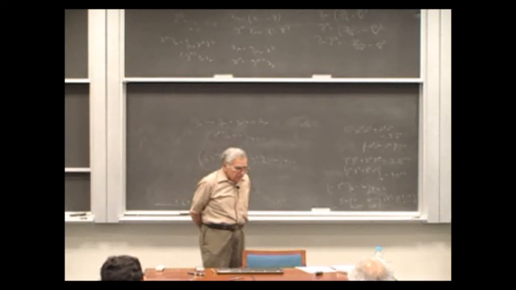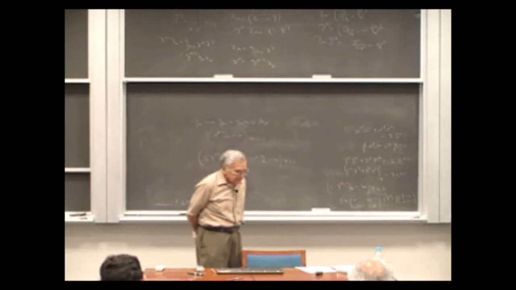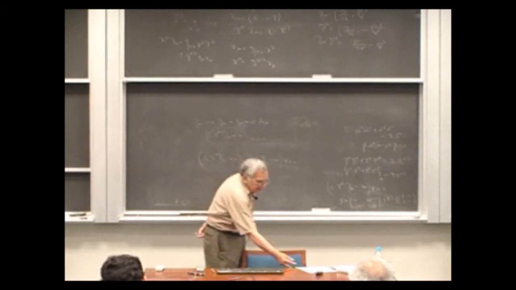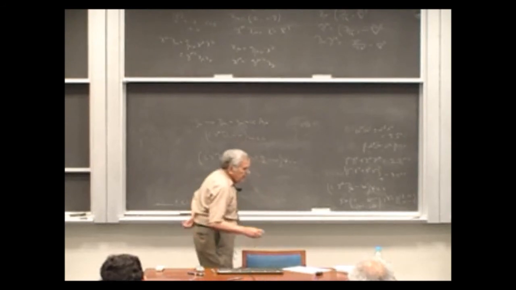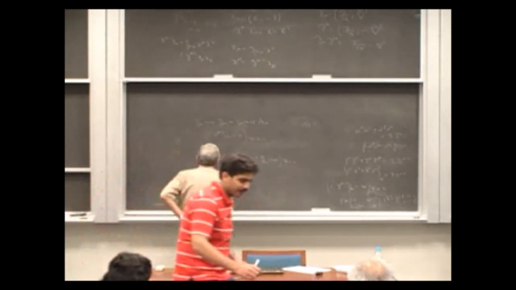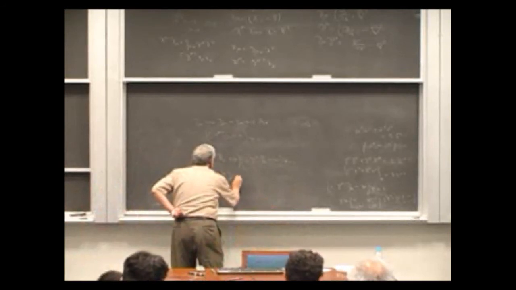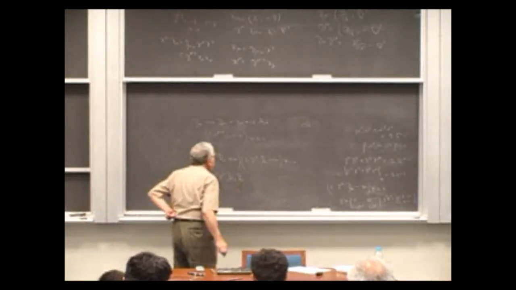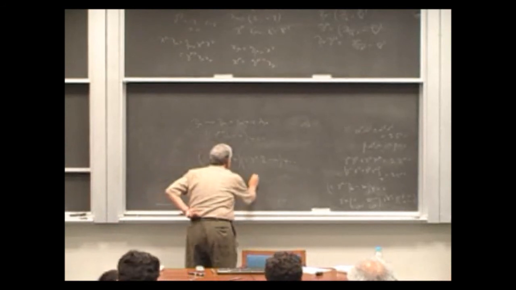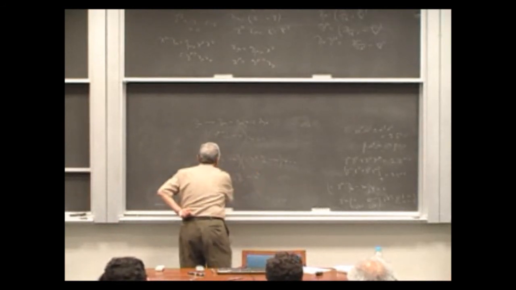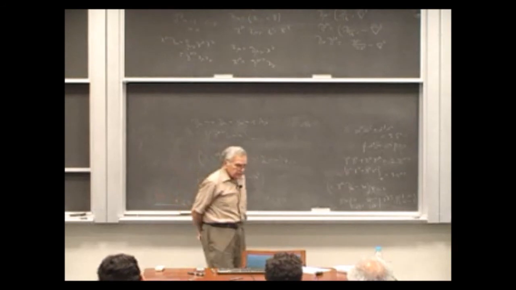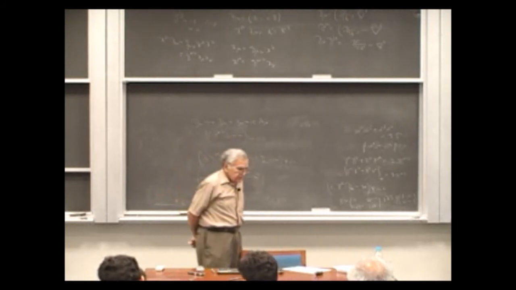Okay, so you see, if I write it fully, you have here minus gamma D, and then you get here minus m squared psi equal.